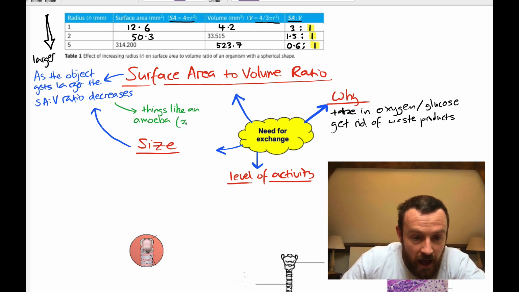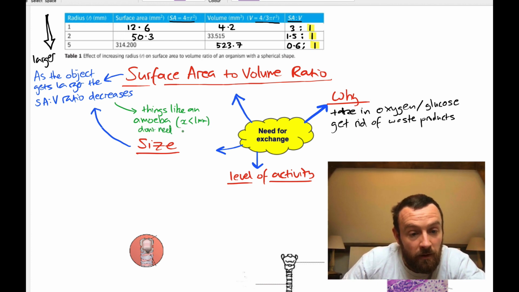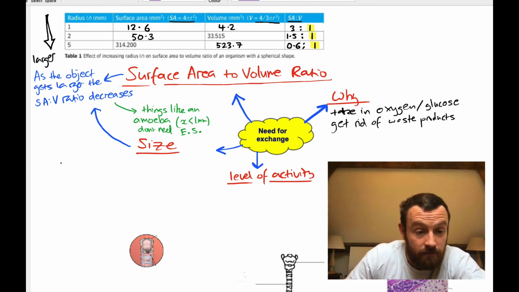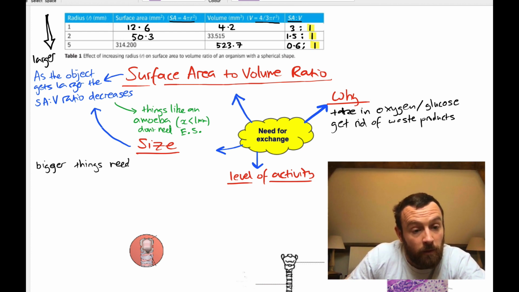So I'm going to write x equals less than 1 millimeter. Don't need ES for exchange surface, okay? They don't need it. They can get by. Whereas big things do. Okay, so I'm going to put that over here. So big things, bigger than this, bigger things need exchange surfaces.